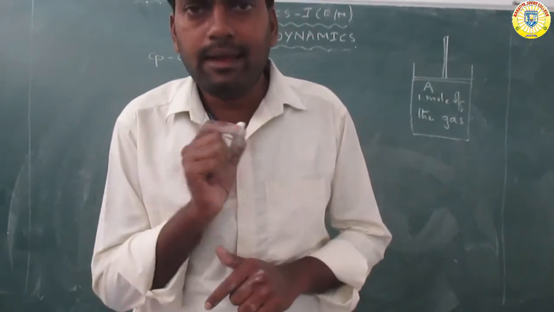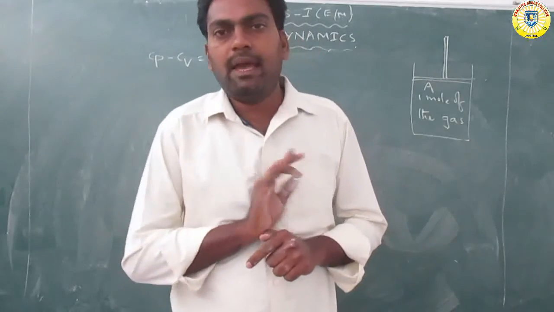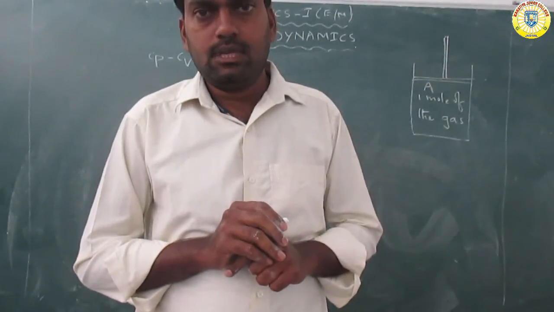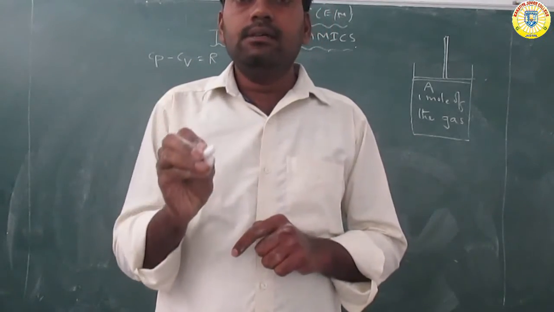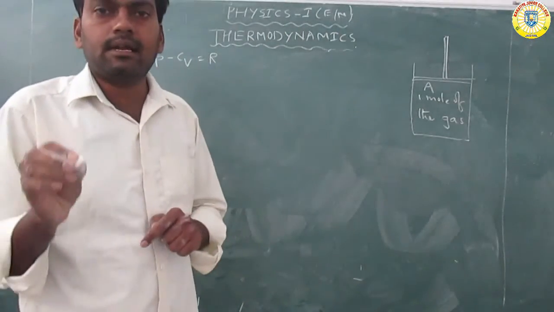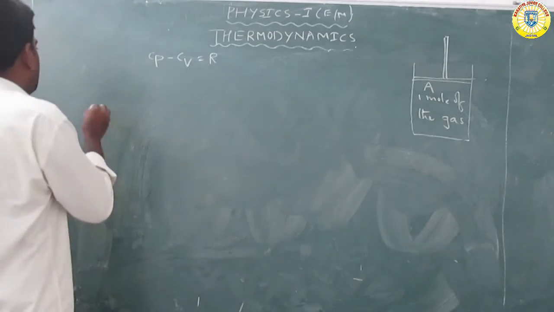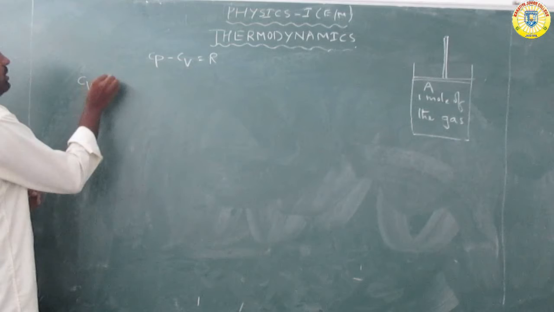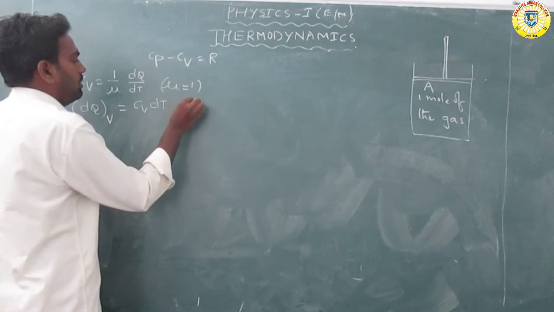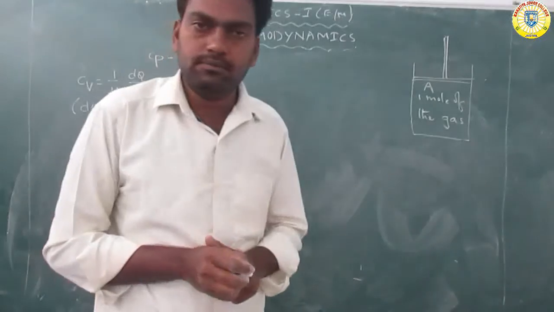The heat supplied to the system is utilized only for increasing the internal energy, with no expansion of the gas. So Cv is equal to 1 by mu dq by dt at constant volume. The number of moles mu is 1, so dq at constant volume is equal to Cv dt. This is equation 1.